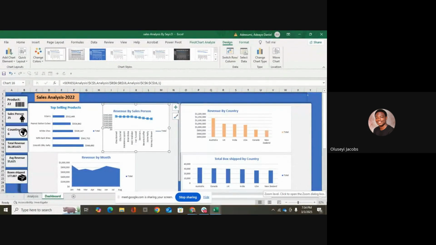Okay. So this is my dashboard, and it's mostly looking like the one that Madam Motorayo taught us.